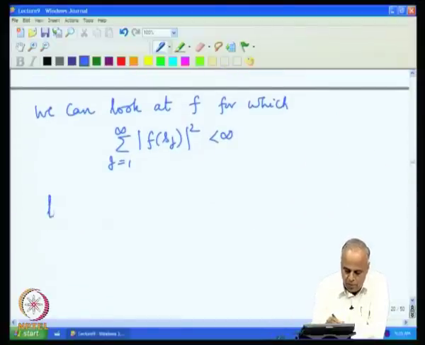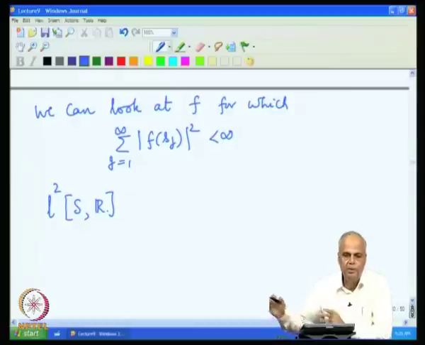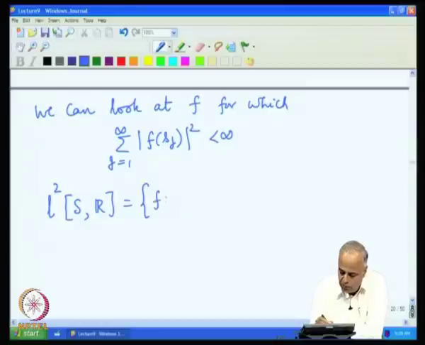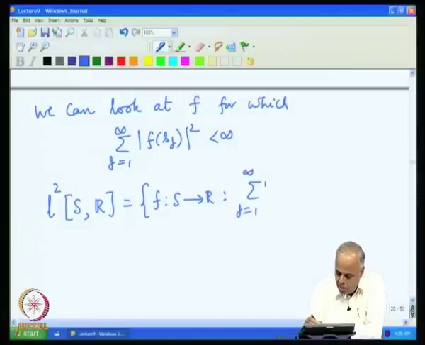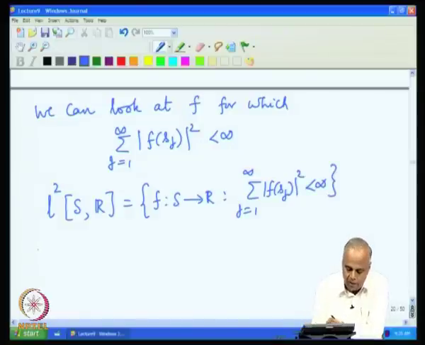So, we denote this by L2 S R. Remember, S is our discrete infinite set s1, s2, s3 etc. L2 S R is all those functions mapping from S to R for which the sum of mod f of s j squared is finite.